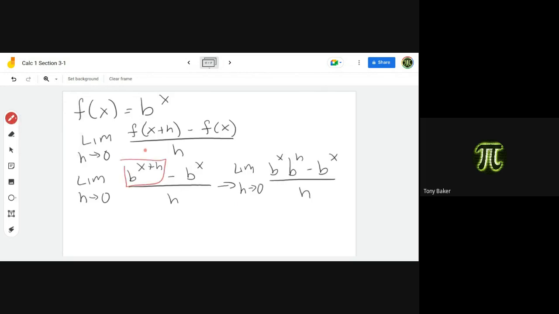So this became that. So now I can pull out a b to the x, and I have b to the h minus 1 over h, because there's a b to the x in both the pieces on the top.